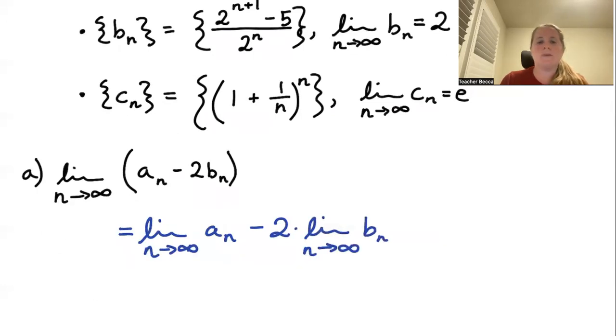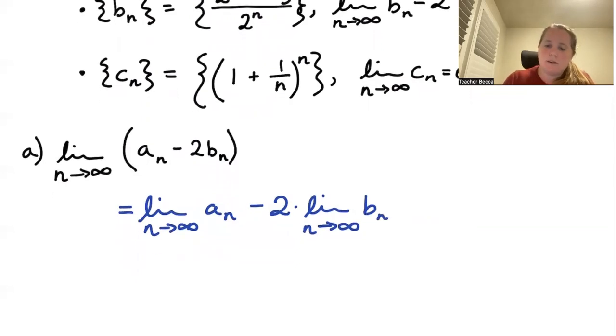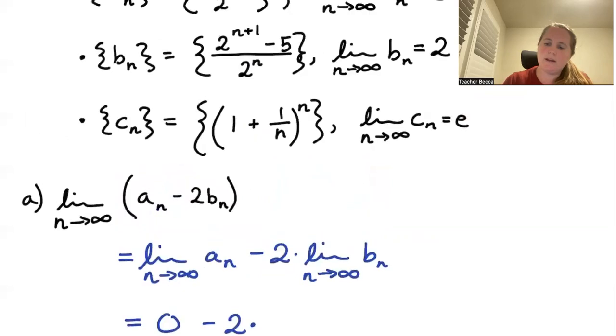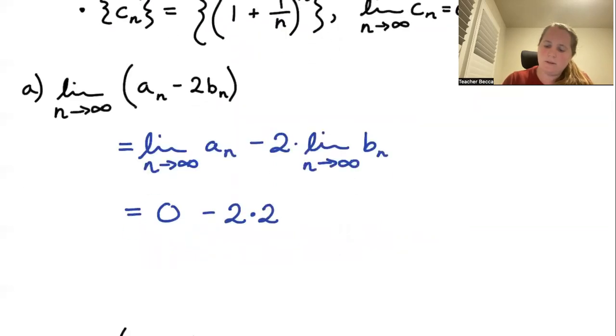So here I've split across the subtraction, pulled out the scalar multiple. So a sub n had a limit of 0. So we have 0 minus 2 times b sub n had a limit of 2. So we wind up getting -4 as our limit.